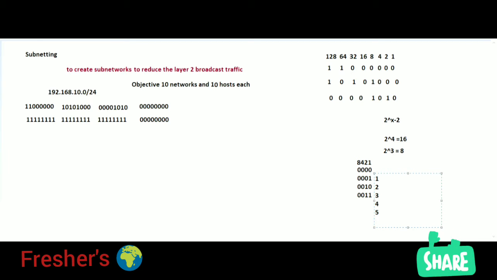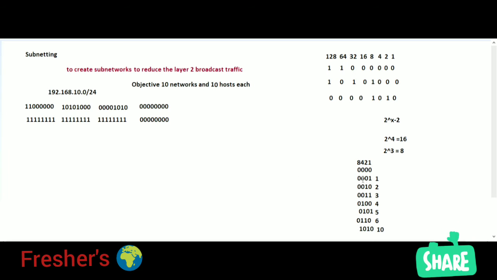To get 4, it is 0 1 0 0. To get 5, 0 1 0 1. For 6, 0 1 1 0. So for the 10th network, what would be the combination? 8 plus 2 is 10, so 1 0 1 0. This is also a shortcut method to calculate the combinations.